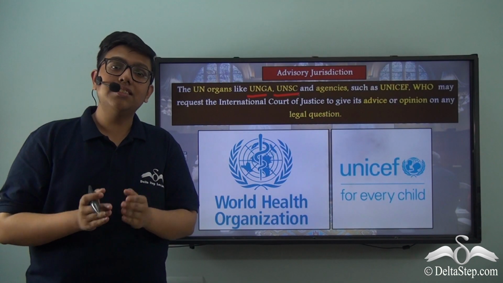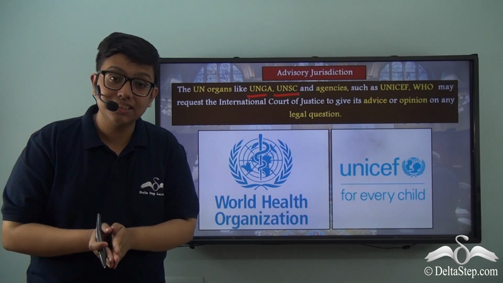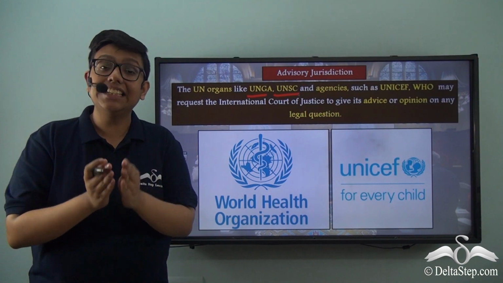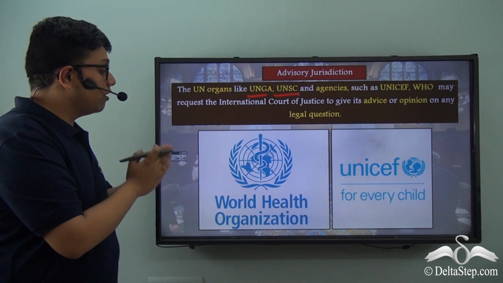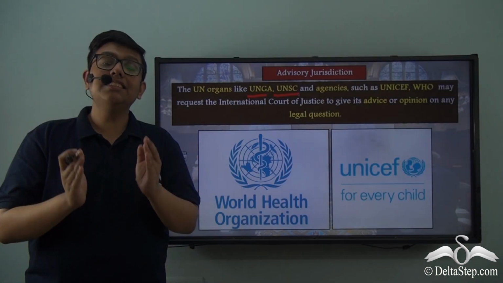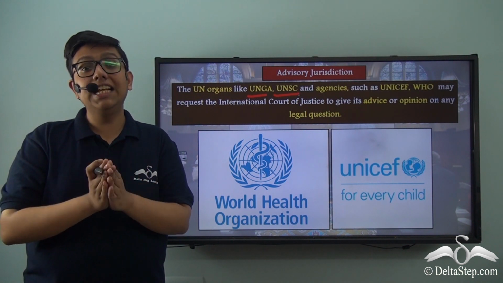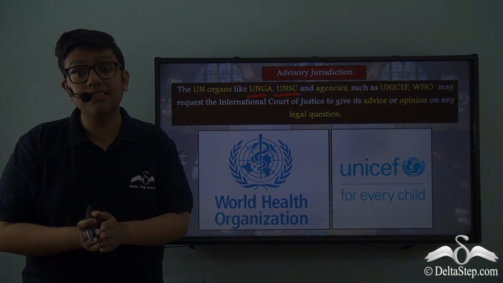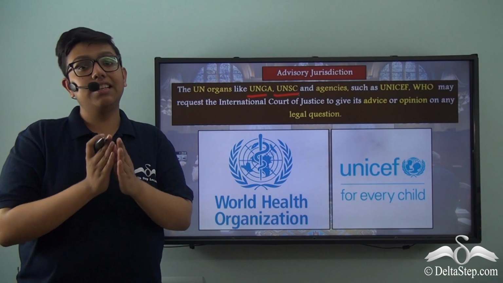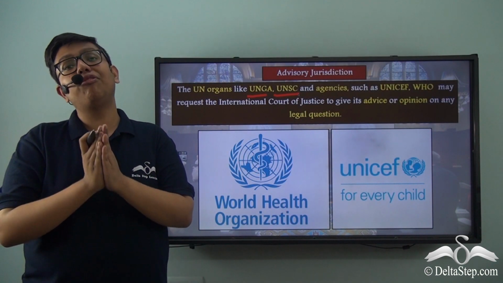Therefore, sometimes these other United Nations organs or the various specialized agencies of the UN, such as WHO or UNICEF, since they are primarily executive and legislative in nature, cannot deal with pressing judicial questions and need some form of effective legal advice to ensure their smooth functioning.